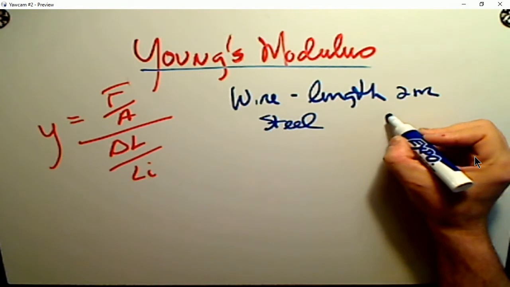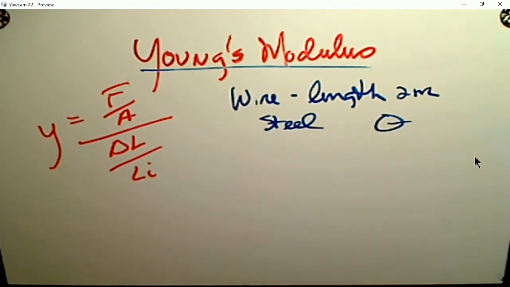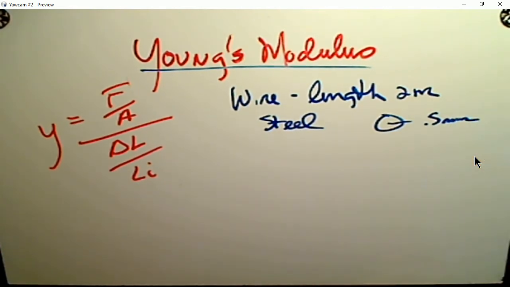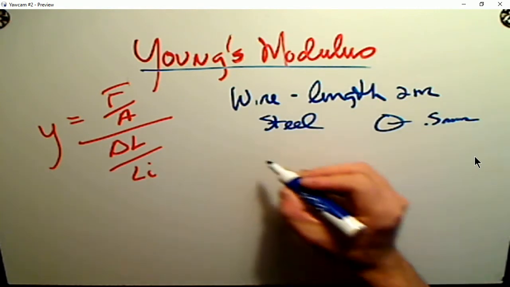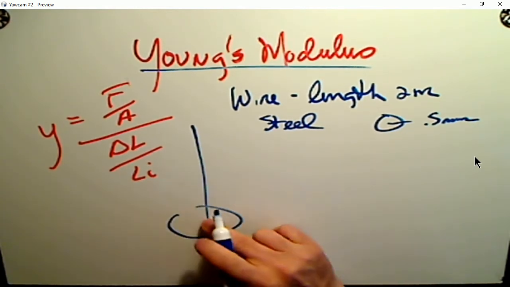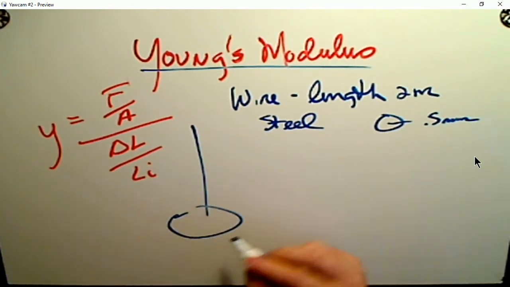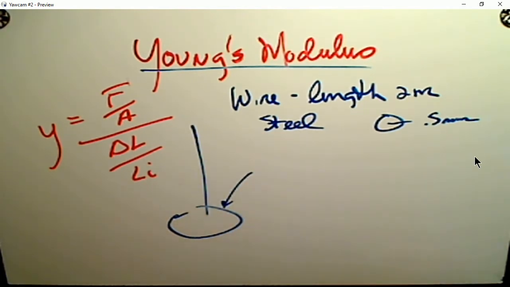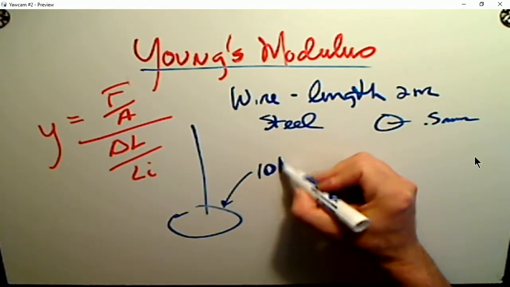And this wire has a radius of 0.5 millimeter. We're going to hang on this wire like I showed in my example on the previous slide. I'm going to hang on this a weight of 10 kilograms.